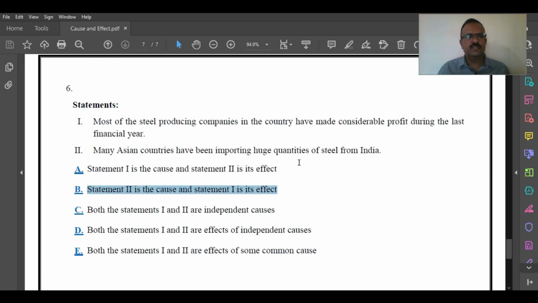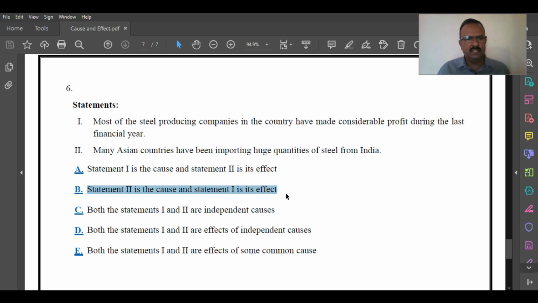Most of the steel producing companies in the country have made considerable profit during the last financial year. Many Asian countries have been importing huge quantities of steel from India. The answer is very easy over here. Statement 2 is the cause and statement 1 is its effect. The explanation is just like this.